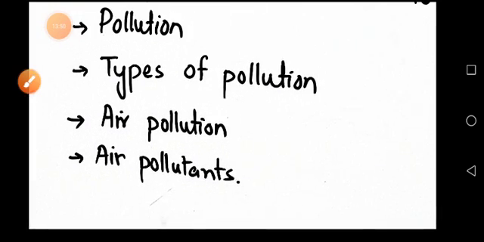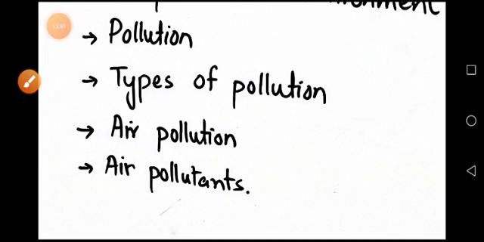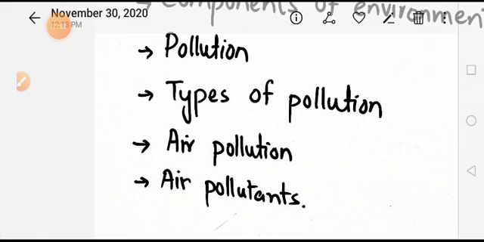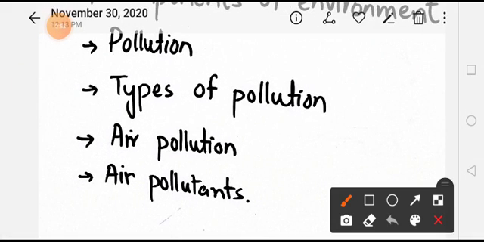Then in detail we discussed air pollution. Students, what is air pollution? Air pollution is the contamination of the air by pollutants. When harmful pollutants are added in our air, they pollute our air. This is known as air pollution.